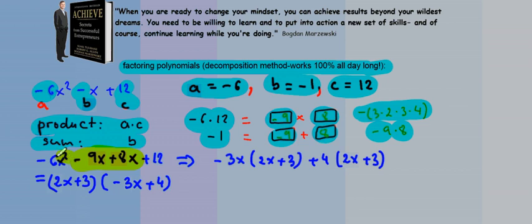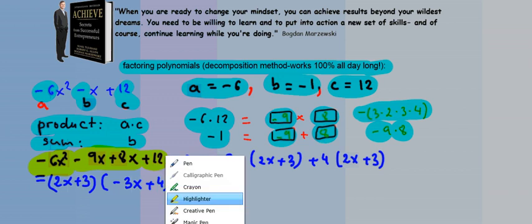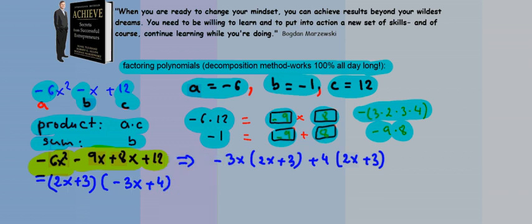So copy the first term, negative 6x squared. Instead of negative 1x, you insert negative 9x plus 8x, copy 12. Then group them in two groups of 2 in no particular order. So negative 6x squared and negative 9x as the first group.